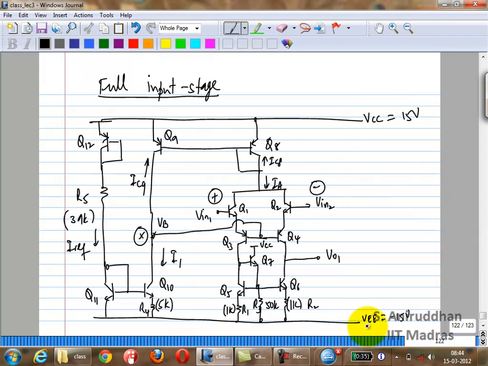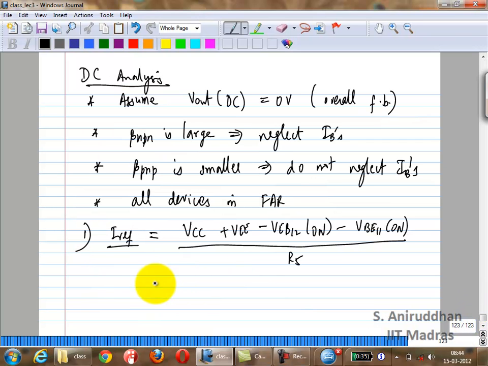Right? It's VCC plus VEE. So I'll call this minus VEE. VCC plus VEE minus VEB of 12 minus VBE of 11 over R5. We'll assume VBE ons are all 0.7 volts, as we have always done. Okay. So first step, IREF is known. Okay, now you have found out it is 733 microamps.